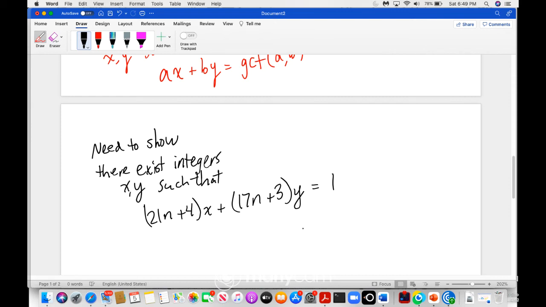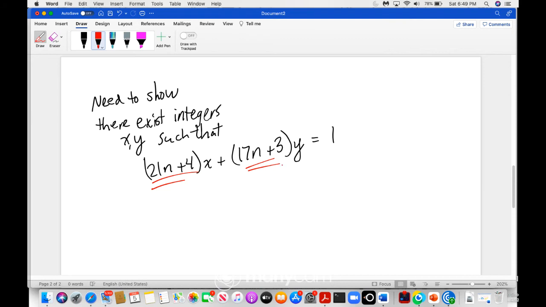And we're going to do this in exactly the same way. We're going to use the division algorithm. So this is written very specifically to show you that clearly this is bigger than this. All right, it starts out at 21, and then we're adding 4. So there's no chance that 17n plus 3 will ever surpass 21n plus 4. And since the first term is bigger than the second term, what we can do is use polynomial division to divide 17n plus 3 into 21n plus 4.